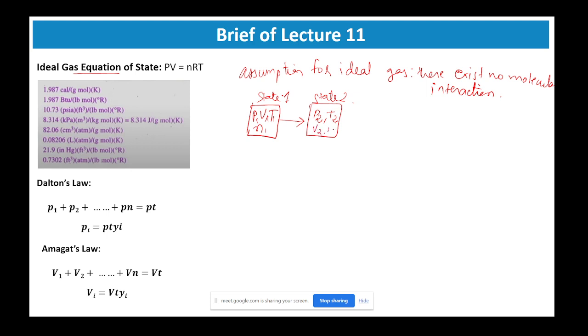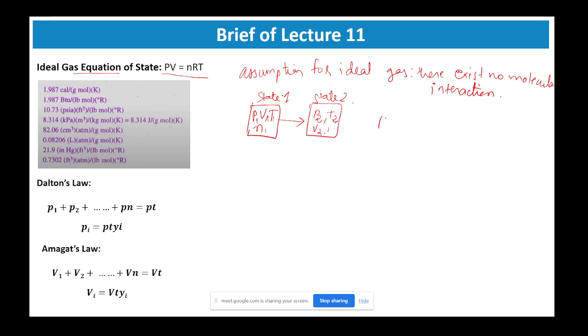Moles will remain the same actually. So what will be the final variables? The ideal gas equation of state is one such equation which allows you to relate pressure, volume, moles and temperature, which are the intrinsic properties of that particular system.